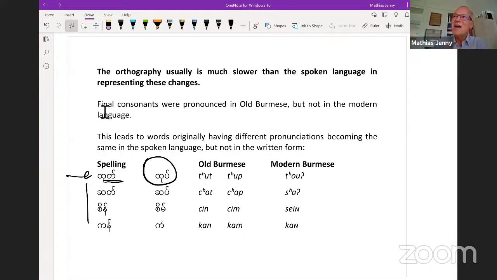The question is always, how long do you want to keep the spelling in the old way, and at what point do you want to change? I guess in a language like Burmese, with a long history, the spelling will be retained for a long time. And the prescriptive part of Burmese linguistics will insist on keeping the spellings apart.